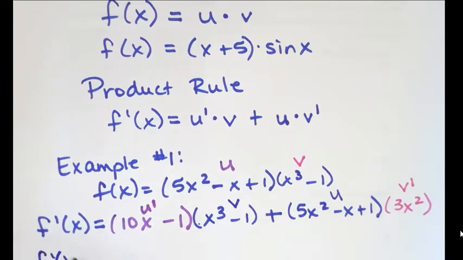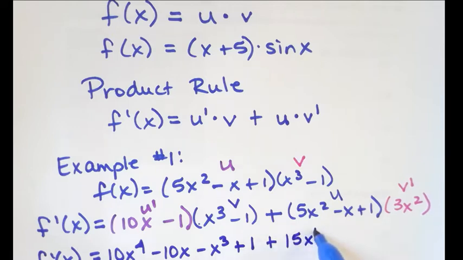So then we can just clean this up, do some multiplication. 10x times x cubed is 10x to the fourth. 10x times negative 1 is minus 10x. Then minus x cubed plus 1 plus 15x to the fourth minus 3x cubed plus 1.